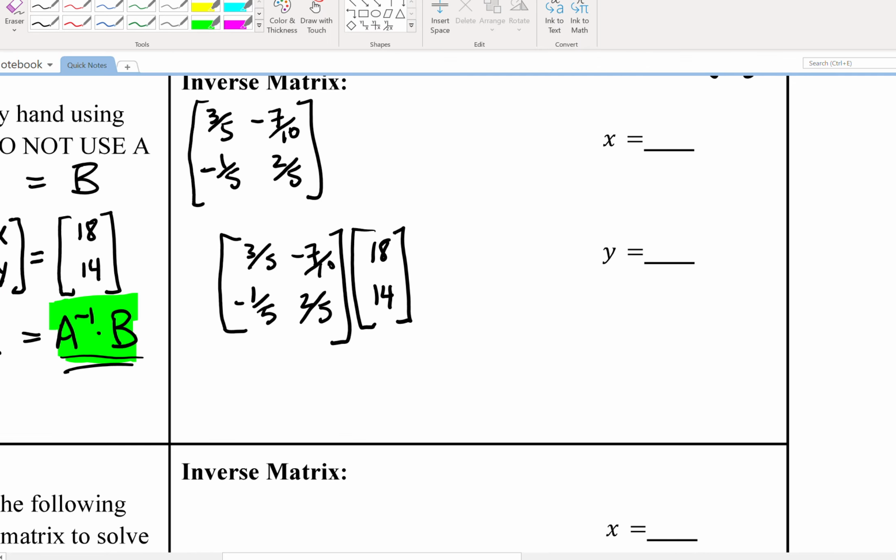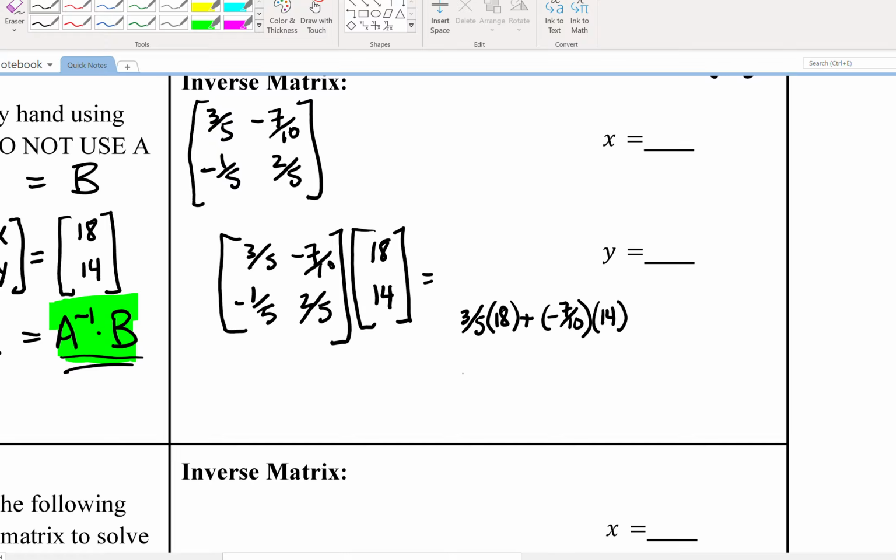And so I've got 3/5 times 18, and I'm going to add that to negative 7/10 times 14.